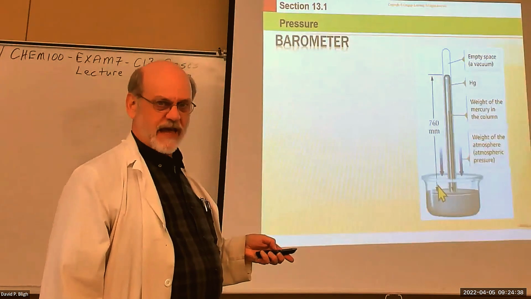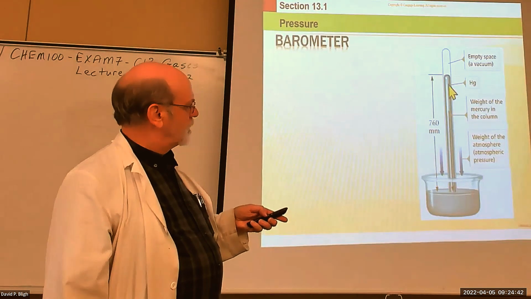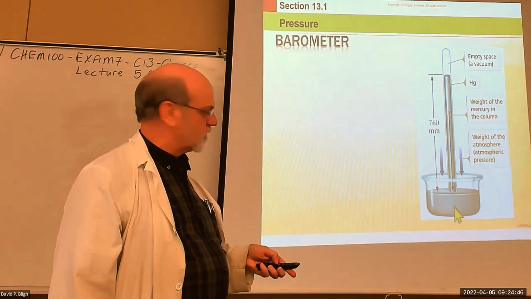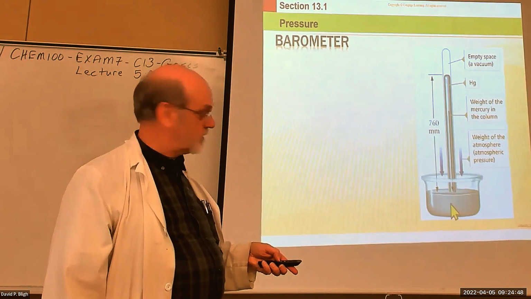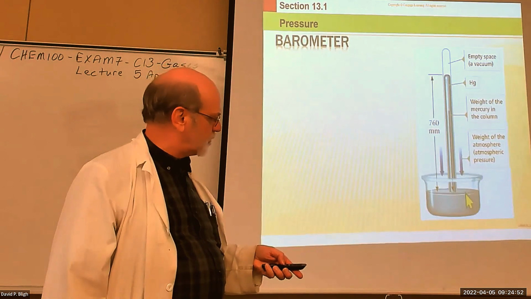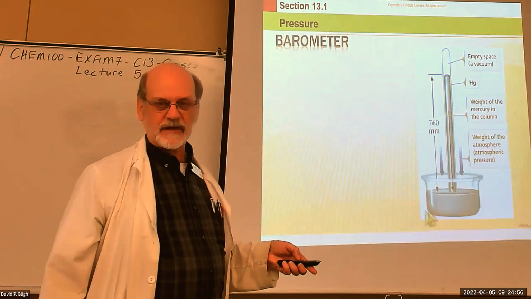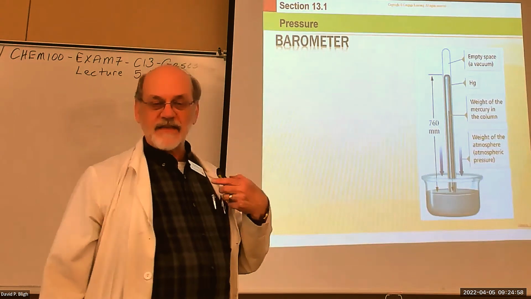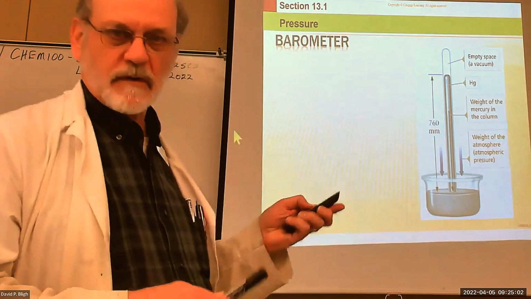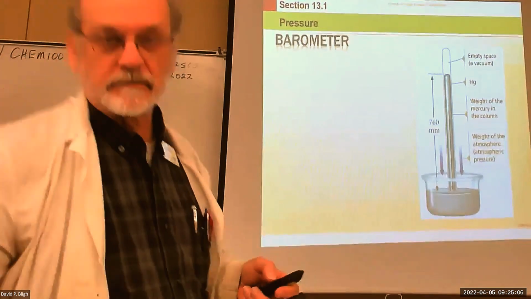He knows mercury is heavy, right? So what has enough force to hold that mercury up? Well, there's nothing pushing on it down here that he could see physically. So it must be that something is pushing down on this mercury and transferring that force into the column. And he reasoned that that force was being supplied by the atmosphere.